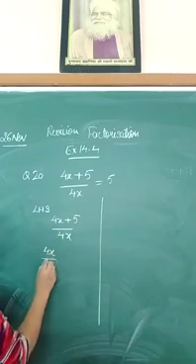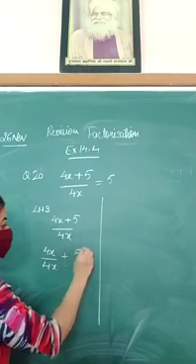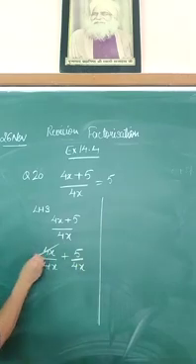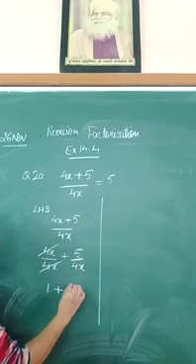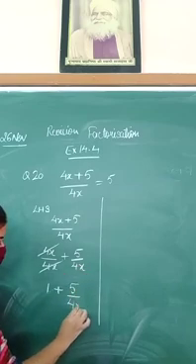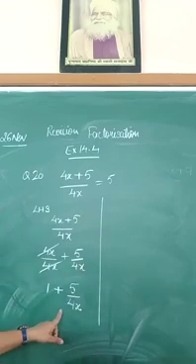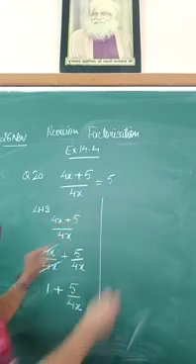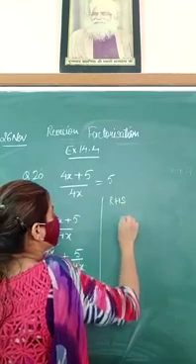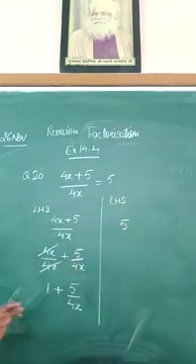This is 4x upon 4x plus 5 upon 4x. This 4x and 4x will cancel out. We will get 1, and this will be the same because they won't be divisible. So according to me, I am getting 1 plus 5 upon 4x as the answer. But on the right hand side, they have simply written 5. So this is the mistake, that they have divided in the wrong manner.